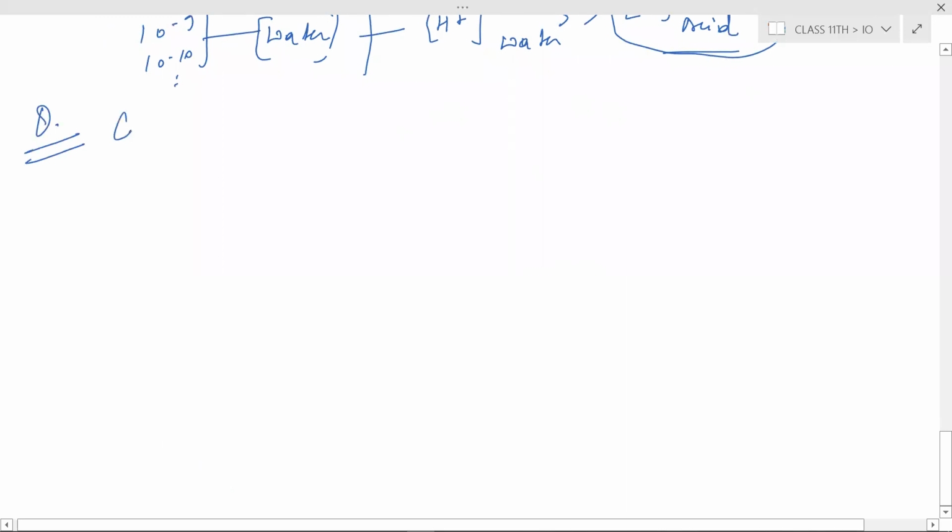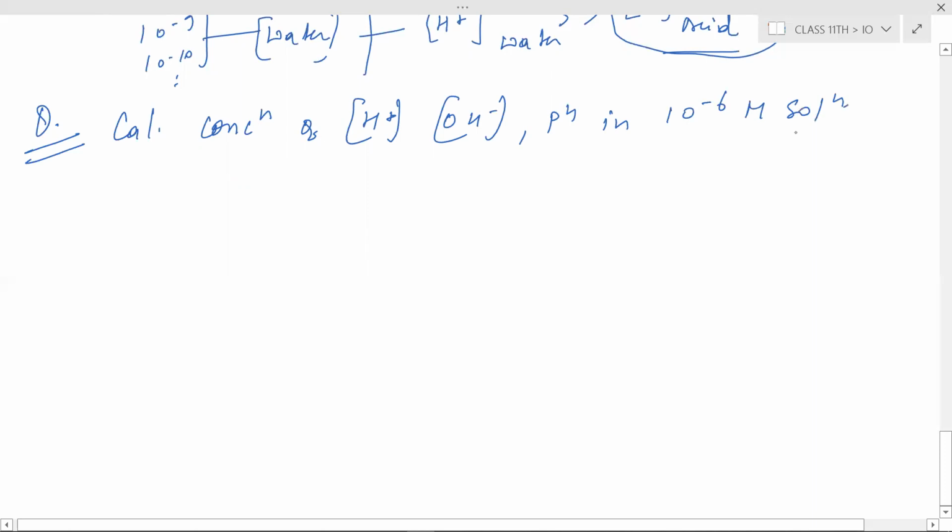The question here is: calculate the concentration of H plus, OH minus, and pH in 10 raised to power minus 6 molar HCl solution. I am first calculating it for 10 raised to power minus 6.